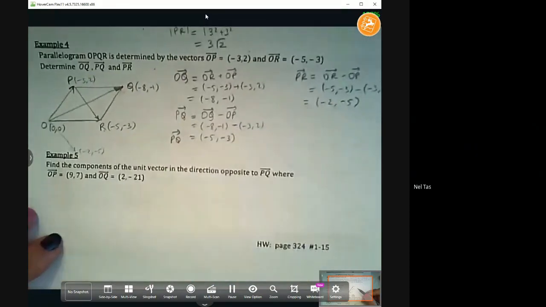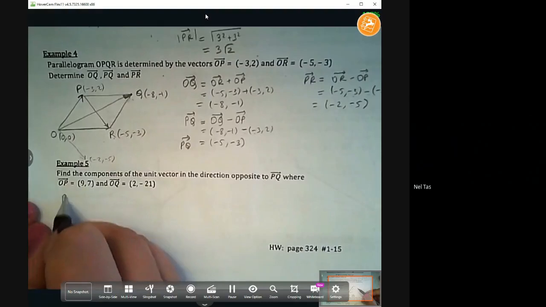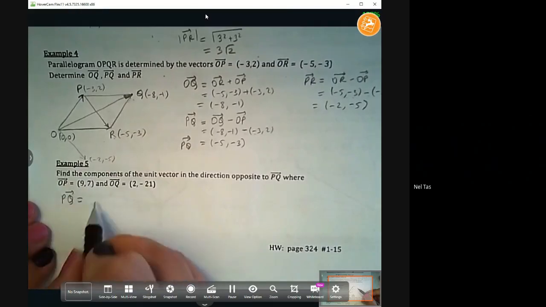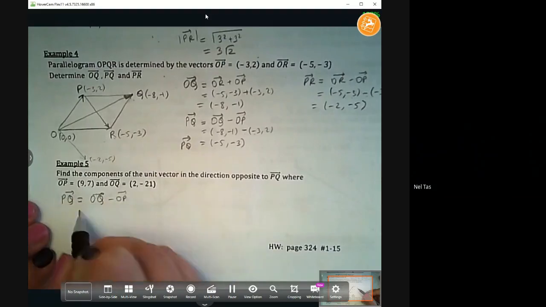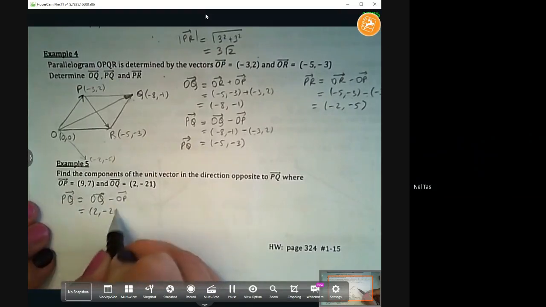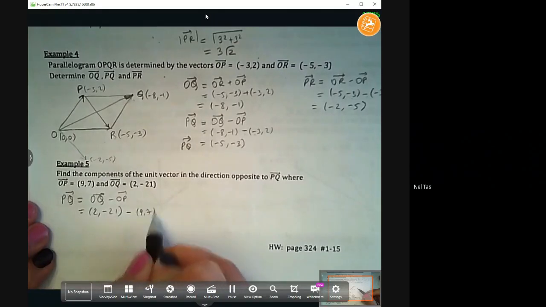Let's look at example 5. Find the components of the unit vector in the direction opposite to PQ, where OP is (9, 7) and OQ is (2, -21). Okay, so PQ vector would be OQ minus OP, so (2, -21) minus (9, 7).